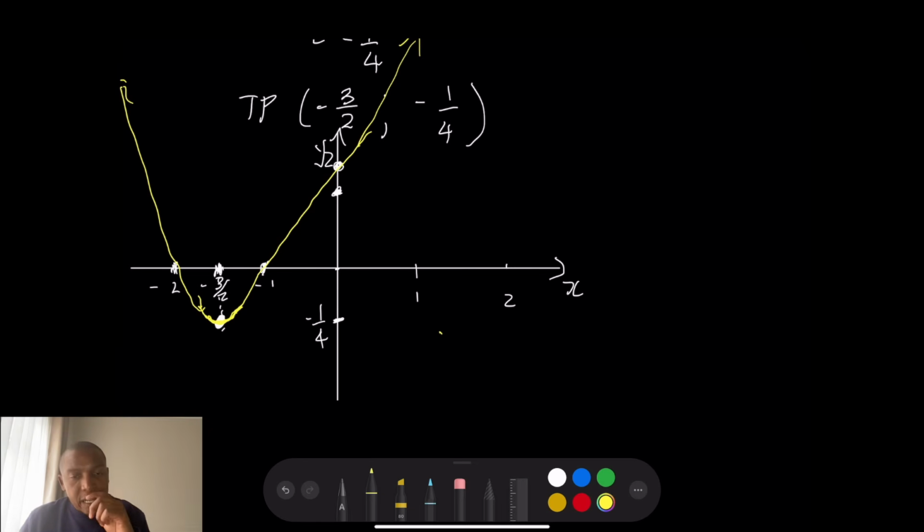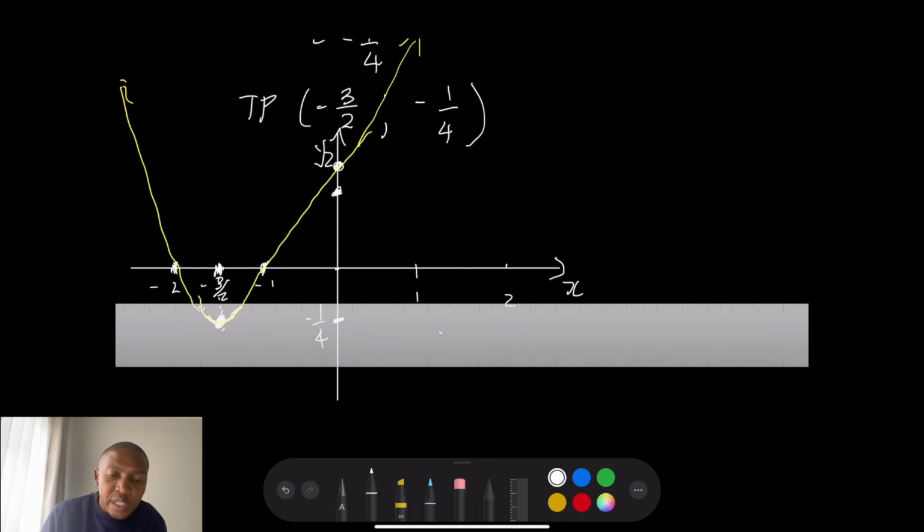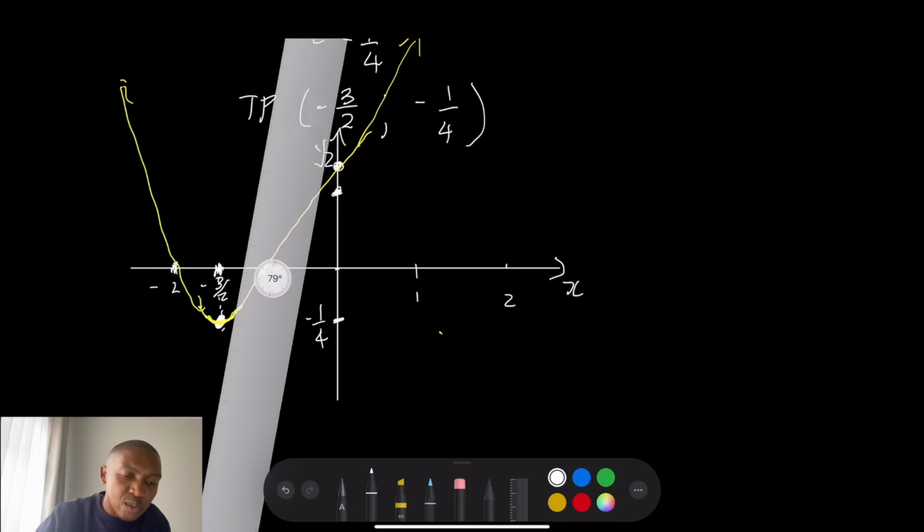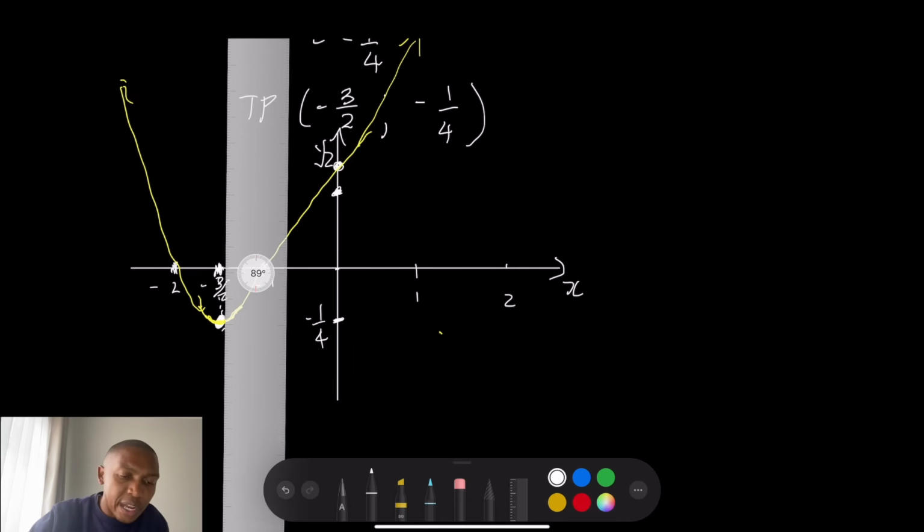Now, ladies and gents, I just want to mention something else. When we talk about the turning point, another word that we use for it is the axis of symmetry. I know this is not going to look really nice because my graph is not very accurate.